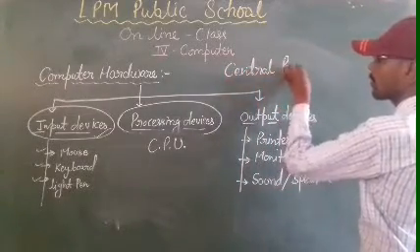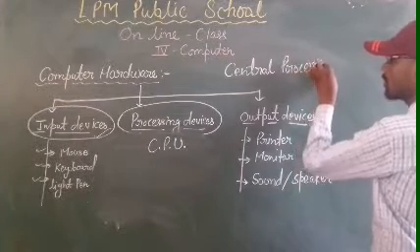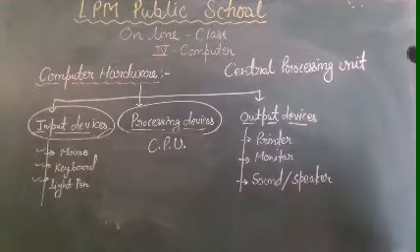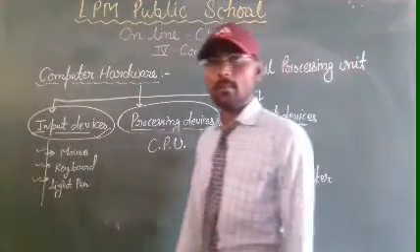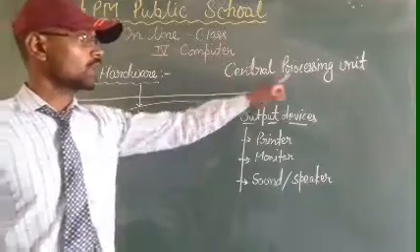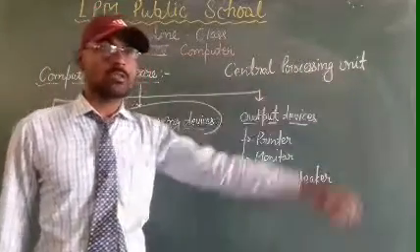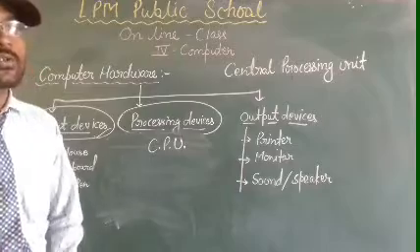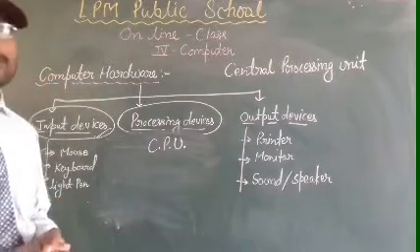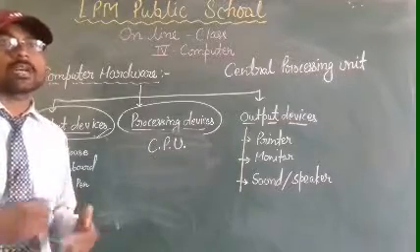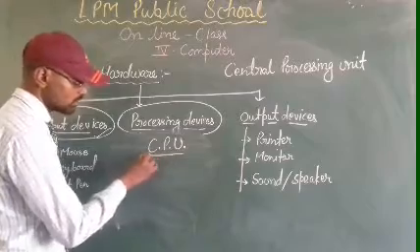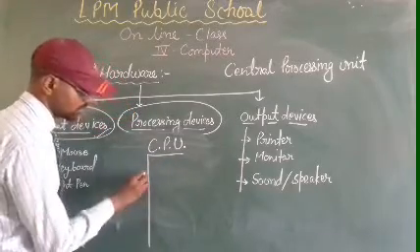Central Processing Unit. Okay? You have to learn it. CPU stands for Central Processing Unit. Now dear students, a CPU is divided into three parts on the basis of its functioning.